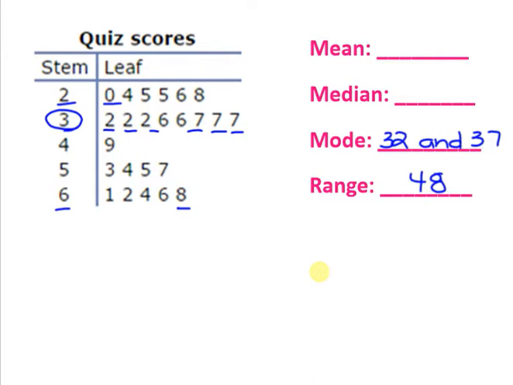Okay, now we're going to go ahead and find the median. So for the median, I want us to go ahead and list out the numbers from the stem and leaf chart.